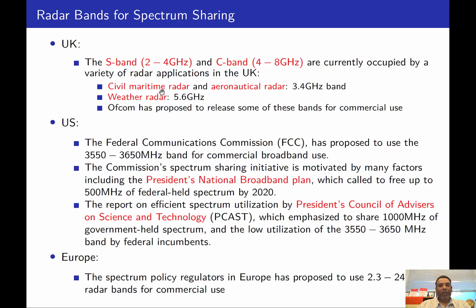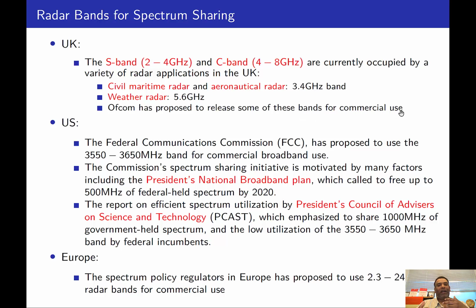For example, civil maritime radar or aeronautical radar, which are operating at 3.4 GHz band, and the weather radar is operating at 5.6 GHz band, and the UK Ofcom, which is the Spectrum Regulatory Authority in UK, has proposed to release some of these bands for commercial use.